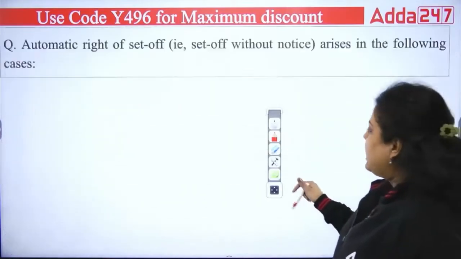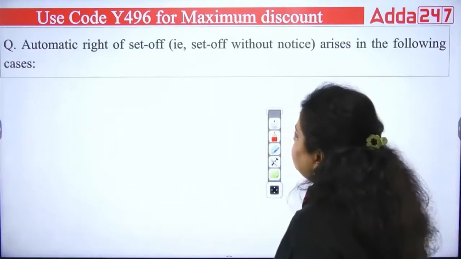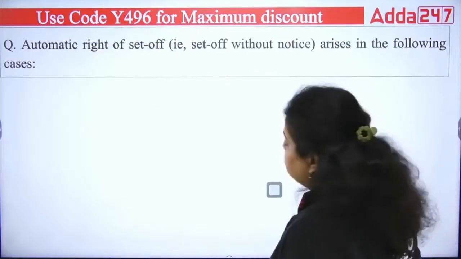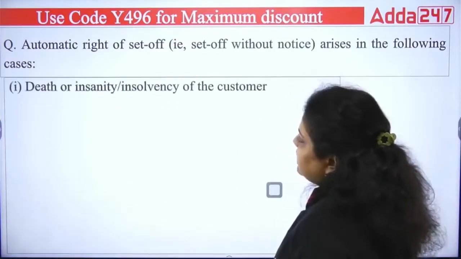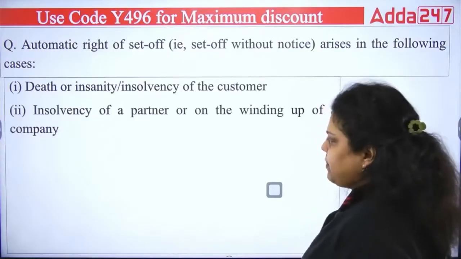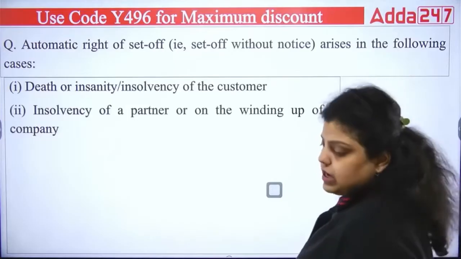Now next question we have here, automatic right of set off arises in the following cases. In which case can the right of set off be done? First is death or insanity, insolvency of the customer. Second, insolvency of a partner or the winding up of a company.